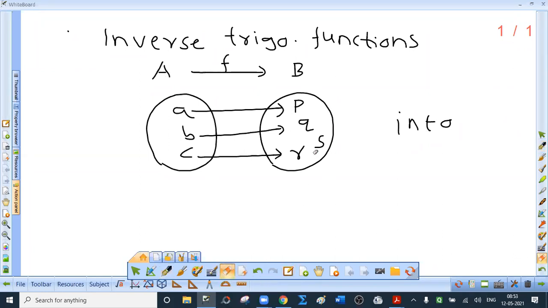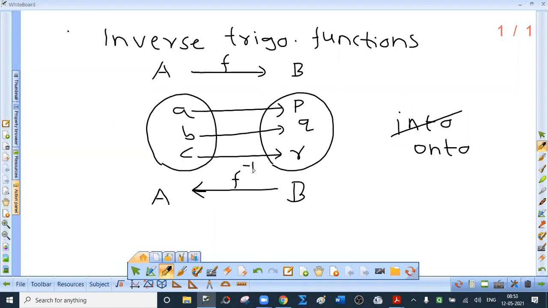Now I remove this element. Now the function has become an onto function. So if the range is nothing but the codomain itself, then the function is an onto function. As the function from A to B is one-one and onto, there exists a function from B to A. It is also one-one and onto, but it is called the inverse of the function.